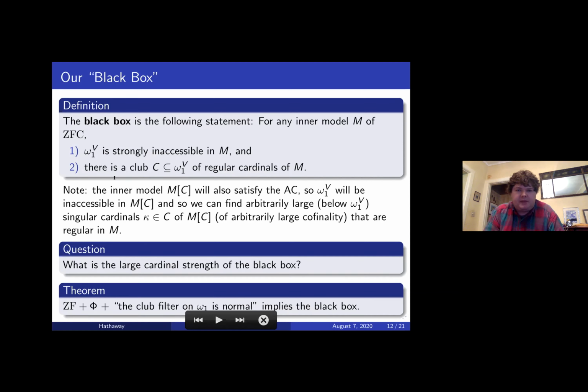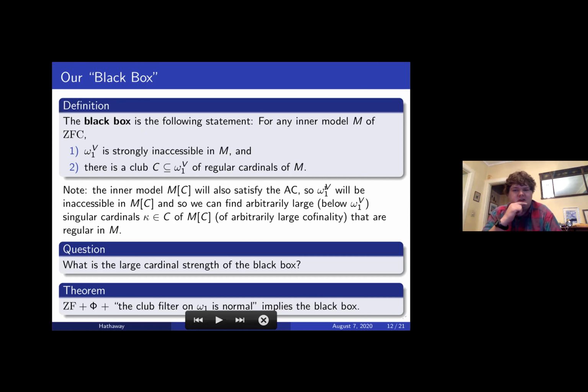Something else to note about this whole scenario is, if you have an inner model M of ZFC, and you use the black box to get this club C, then the model M bracket C will also satisfy the axiom of choice. This is because whenever you have an inner model of the axiom of choice and adjoin a set of ordinals, the resulting model will still satisfy choice.